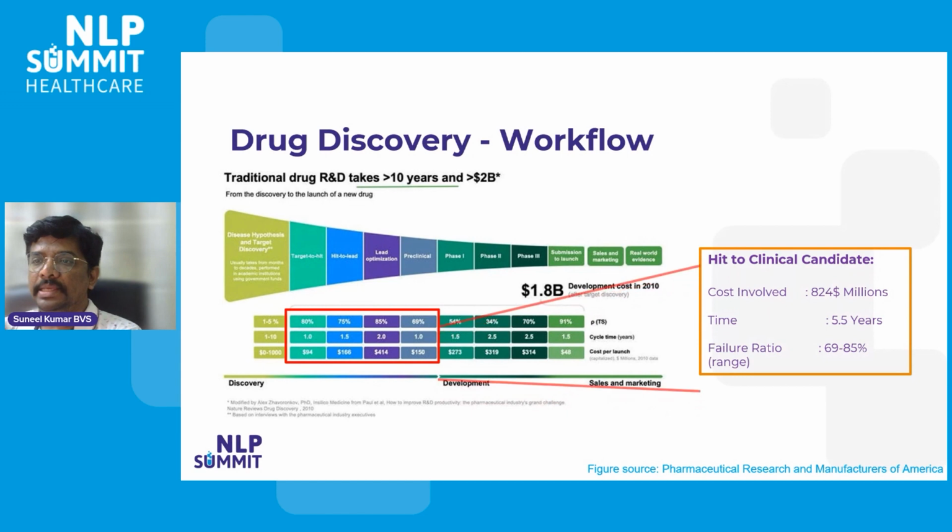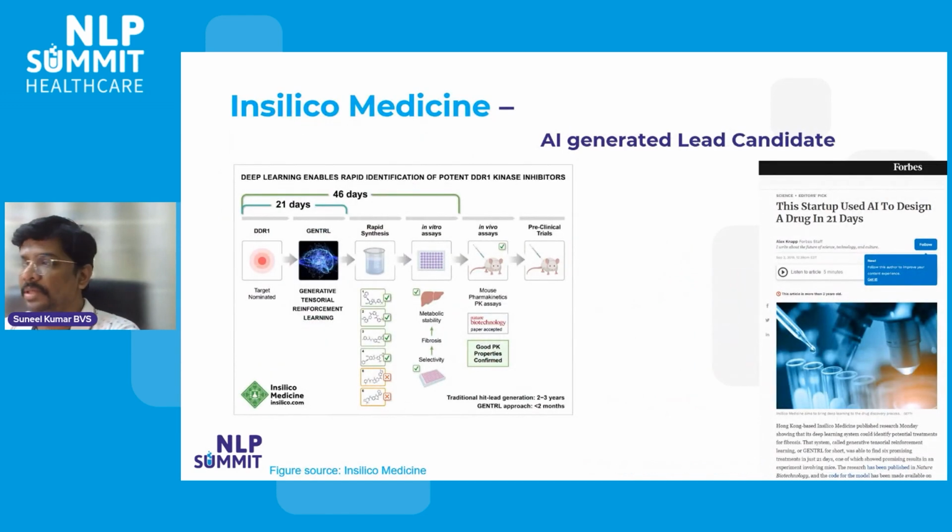Now let's see how AI, ML, or NLP works in drug discovery. Let's take a look at some of the success stories of AI/ML in drug discovery. One such remarkable success story is Insilico Medicine's implementation of a generative AI approach called generative transferable reinforcement learning.